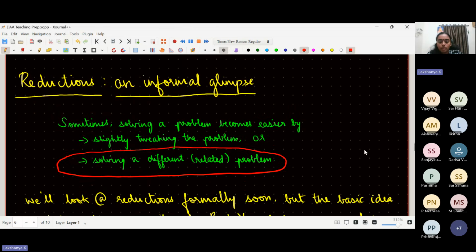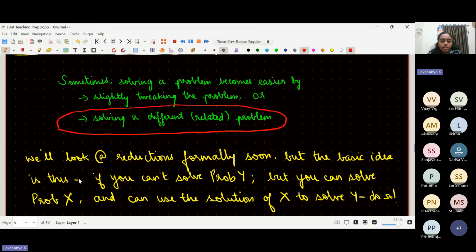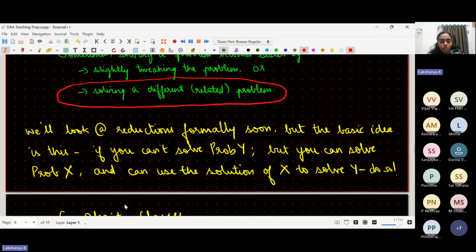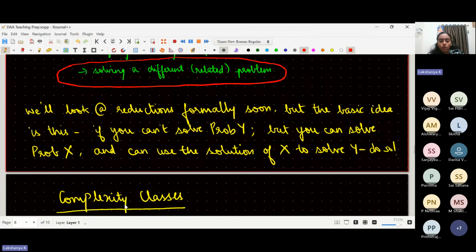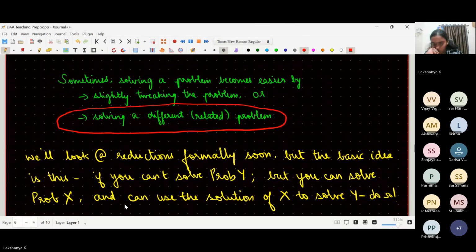So that is what the whole idea of reductions is. So we look at reductions formally soon, but the basic idea is this. You cannot solve problem Y, but you can solve problem X, and you can use the solution of X to somehow solve Y. You do so. That is what reduction is about, right? So, okay, before I go to complexity classes, any questions so far?